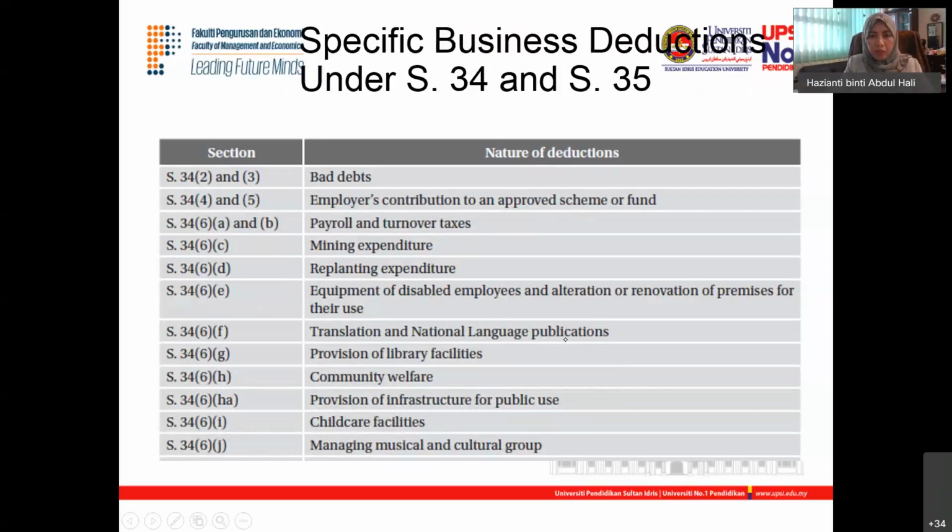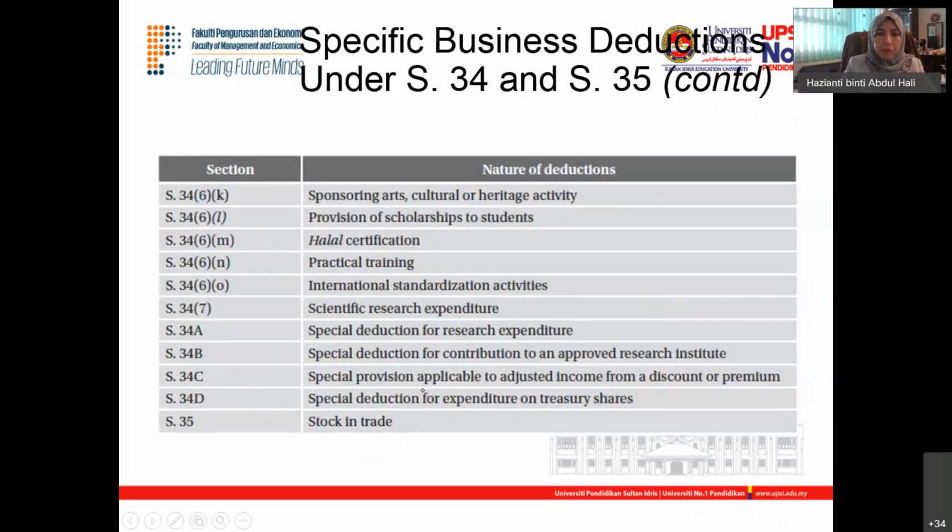Translation and national language publication, provision of library facilities, community welfare, childcare facilities, sponsoring arts, cultural or heritage activities, which means if the business sponsored something on arts or cultural activity, dia boleh deduct lah as a business deduction. Halal certification, they send the staff ataupun the company itself involved in halal certification project, so they can deduct that from their income to reduce their income tax. Practical training, when they send the staff for training pun boleh tolak juga.